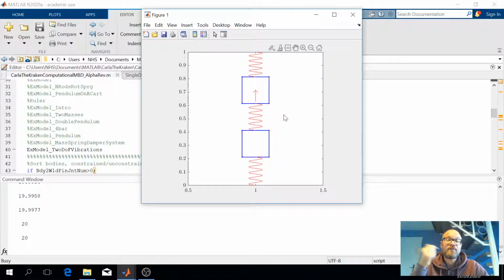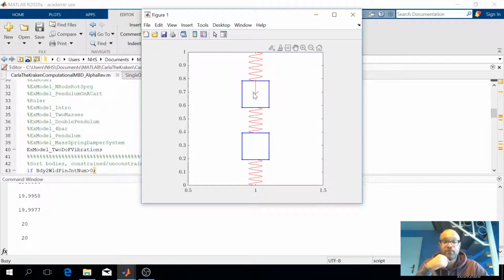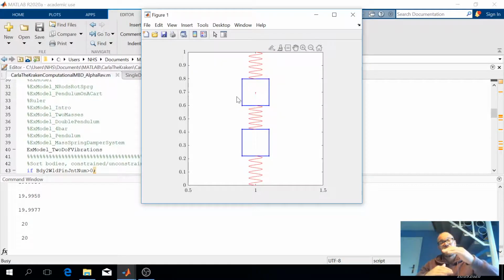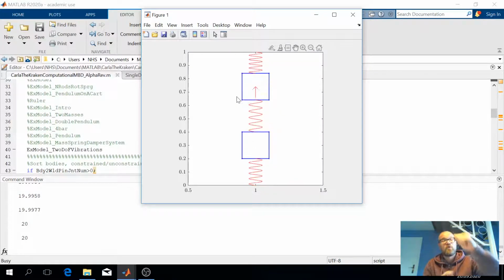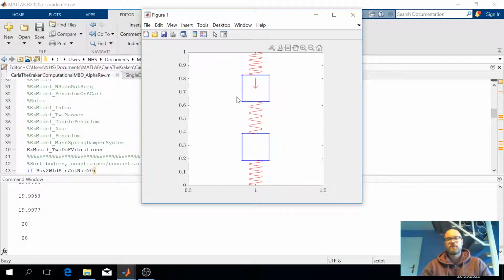What happens briefly afterwards, as the frequency of the forced excitation continues to increase, is that we see the second mode here, where the masses no longer move together but towards and away from each other. An accordion mode, you could possibly say. It's very clear here now.